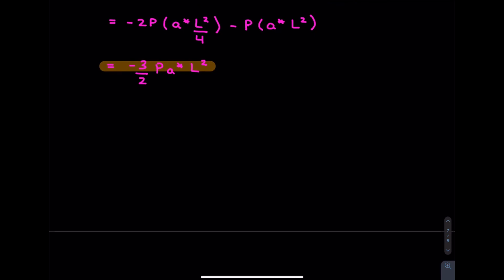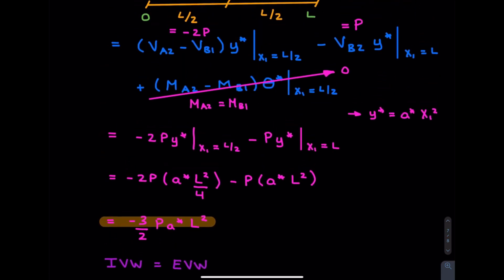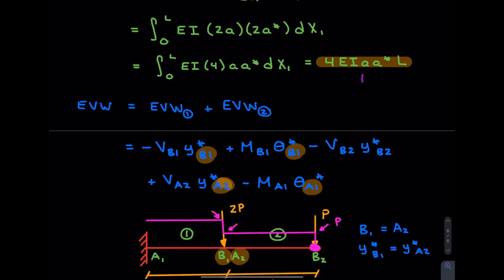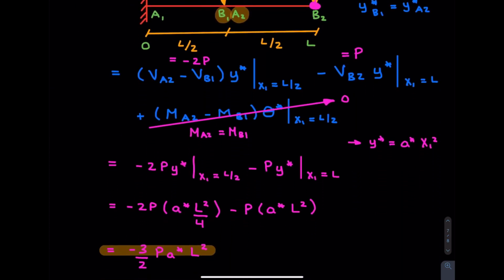The last thing we need to do is say, we know that our internal virtual work is equal to our external virtual work. Therefore, we take our internal virtual work, which we have up above here as 4EI, and I'll put a little arrow here. This is our internal virtual work: 4EI, A times A star times L. So I'm going to come down here.